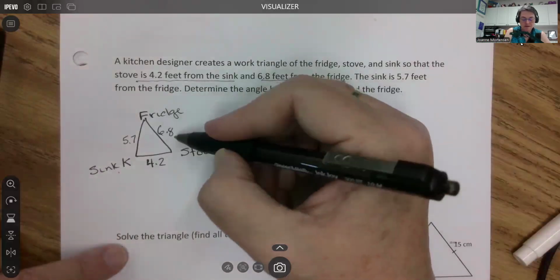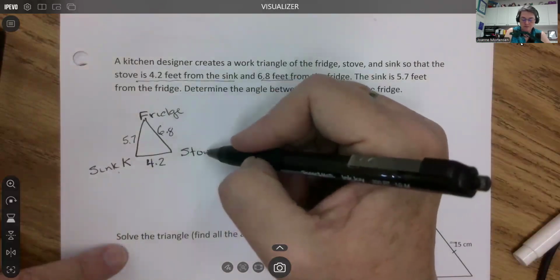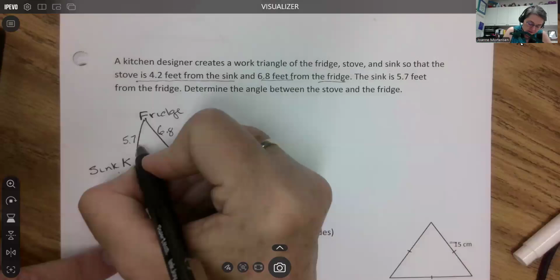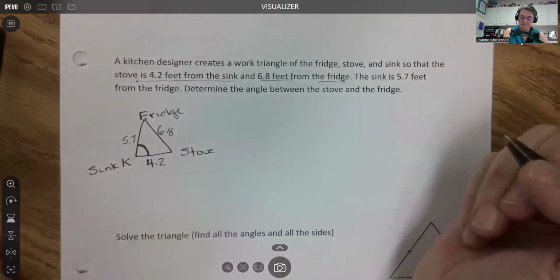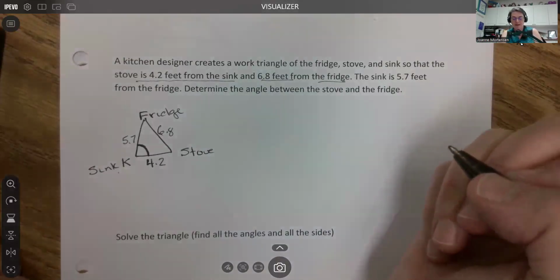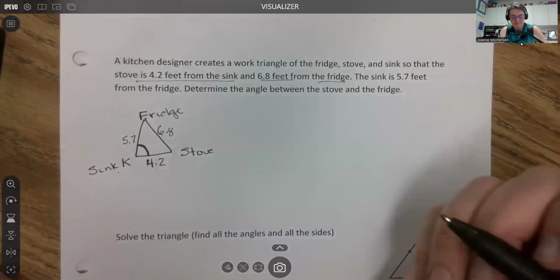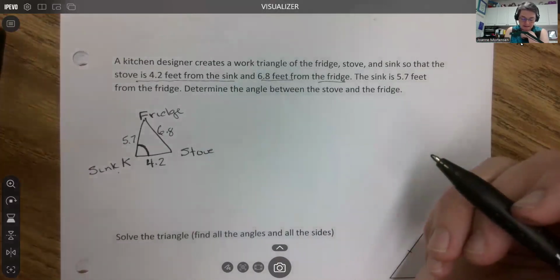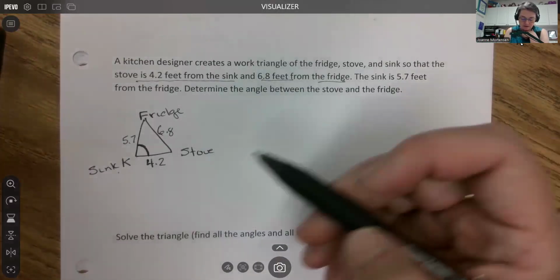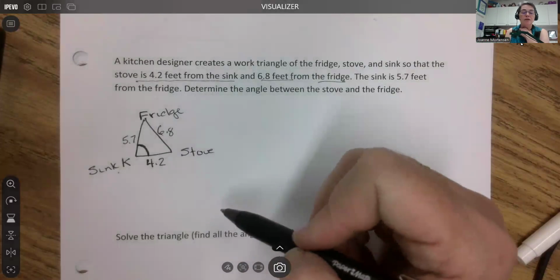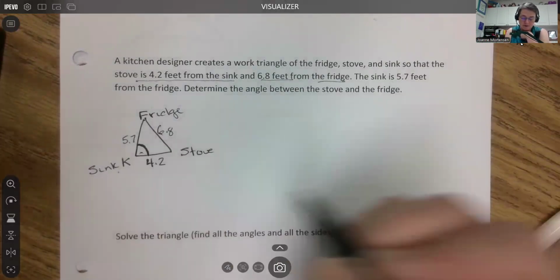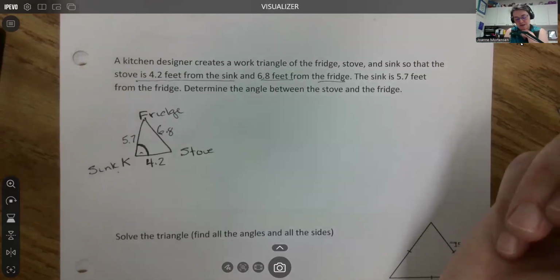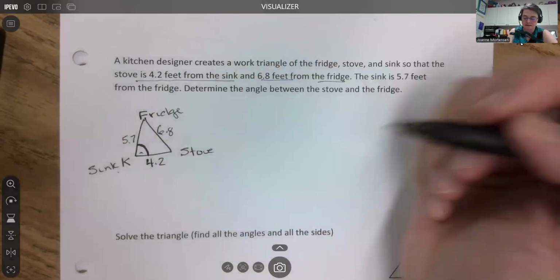So there's my stove, there's my fridge, so actually that's the angle we want. I think we're good. I was thinking about redrawing it, but I think it's good enough because I'm just going to recognize that whatever this angle is, it's probably going to be fairly big because 6.8 is the biggest distance.